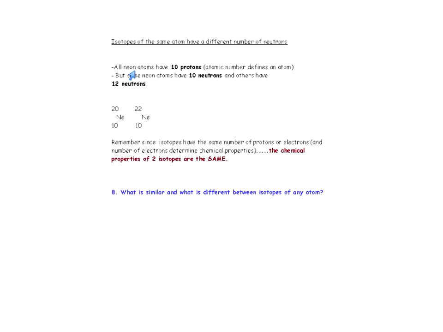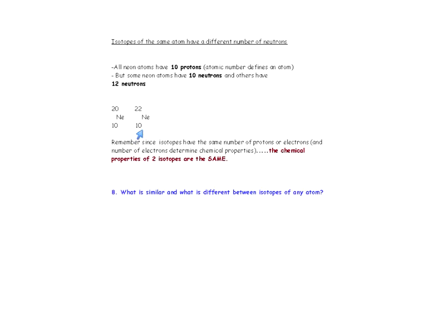So if you're talking about neon, for example, all neon atoms have 10 protons. And again, remember the number of protons or electrons is the atomic number which defines an atom. But some neon atoms have 10 neutrons and others have 12. So for the ones that have 10 neutrons, we would draw the symbol like this, and the other one would be this. This one has 12 neutrons.